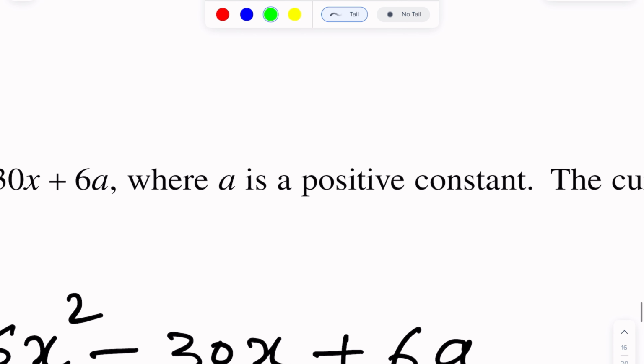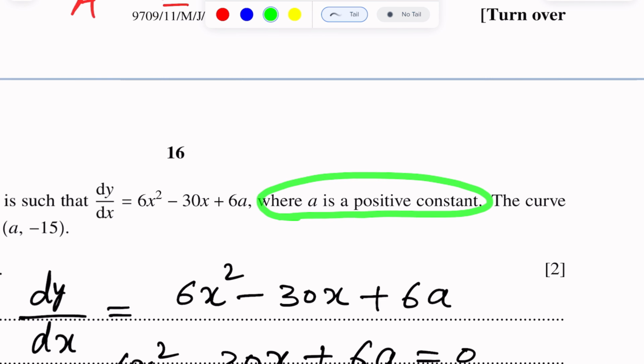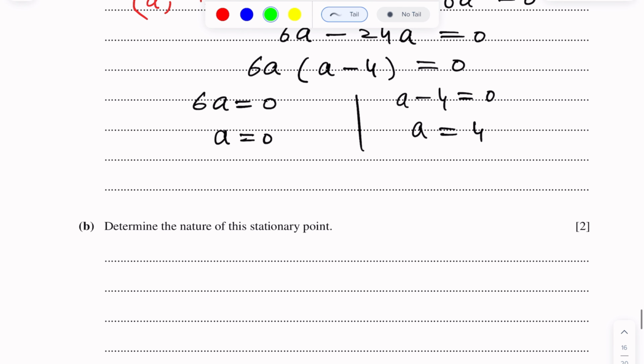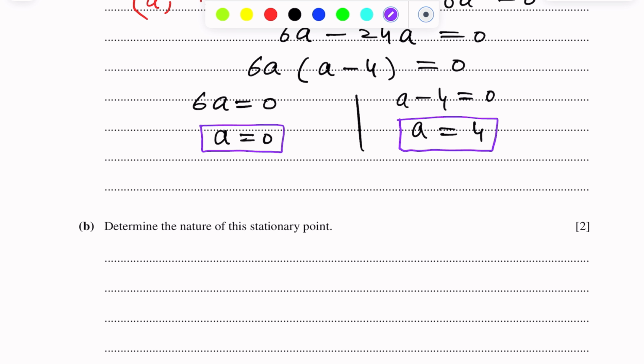It is written that a is a positive constant, so we are not taking a is equal to 0, this is not valid. So the only answer is a is equal to 4. This is the value of a.